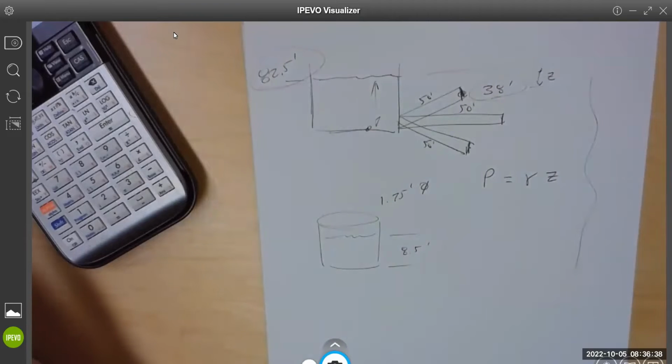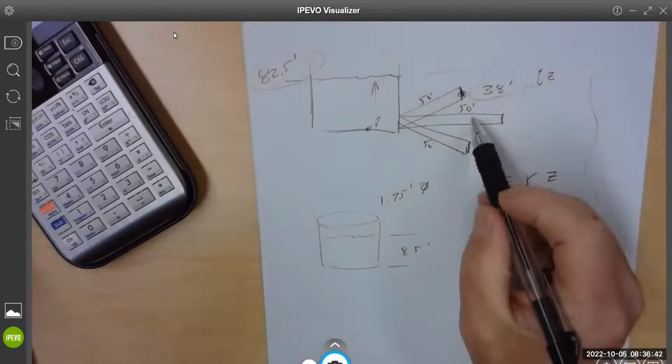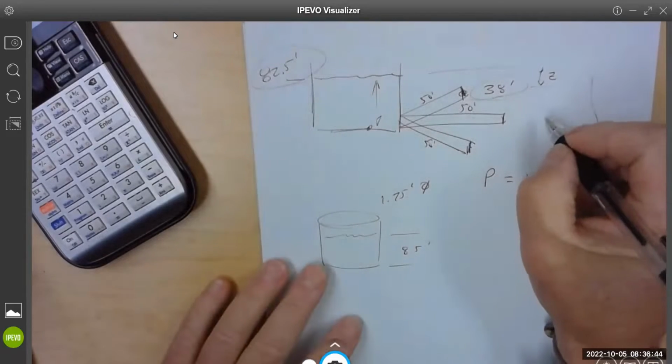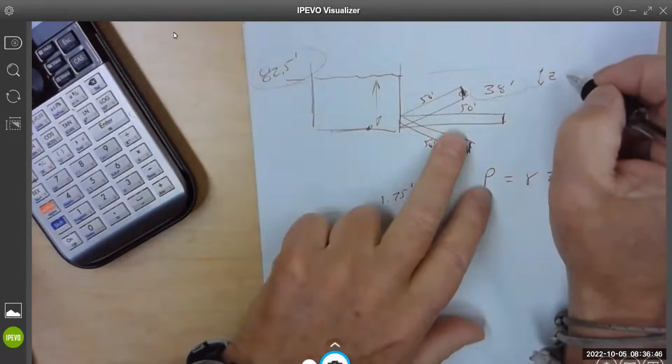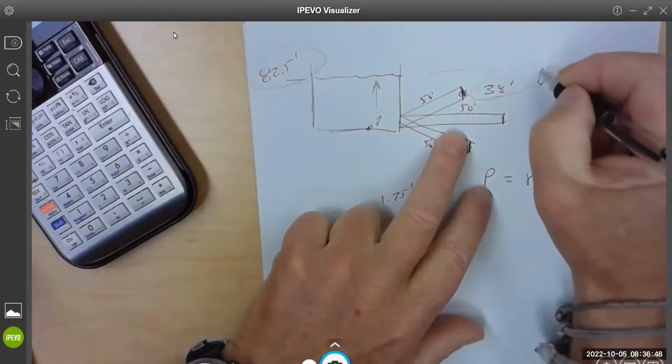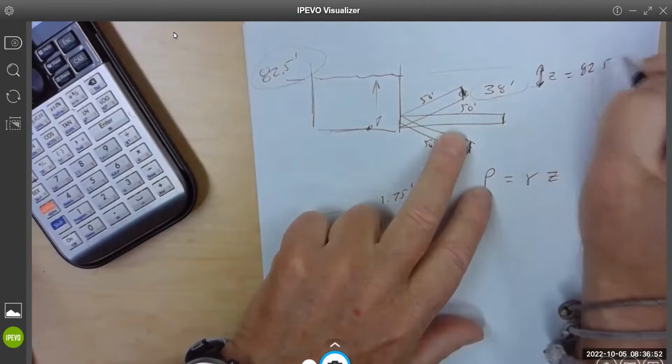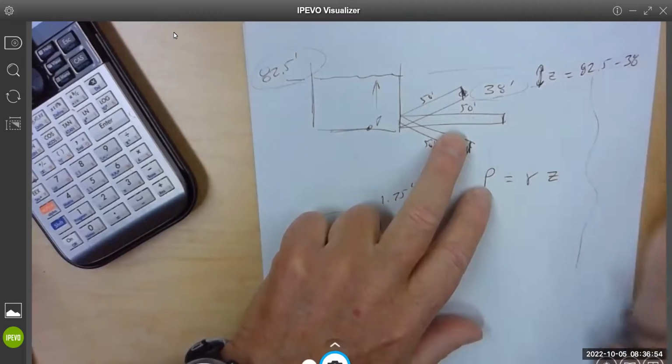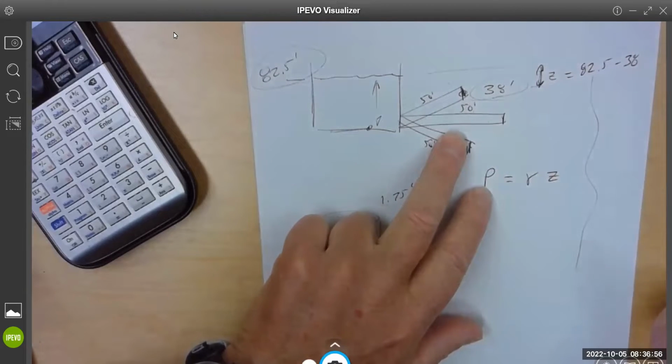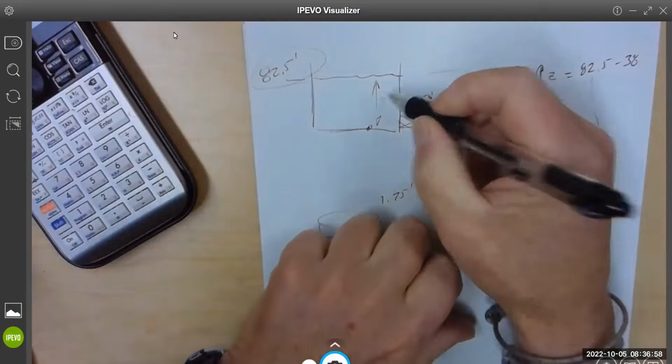Let's toss some numbers out. Like for number 3. This one. So what'd you get for the elevation Z? 82.5 minus 38. That's right though, right? So that's the elevation. So then we're going to take Z, and this is water.